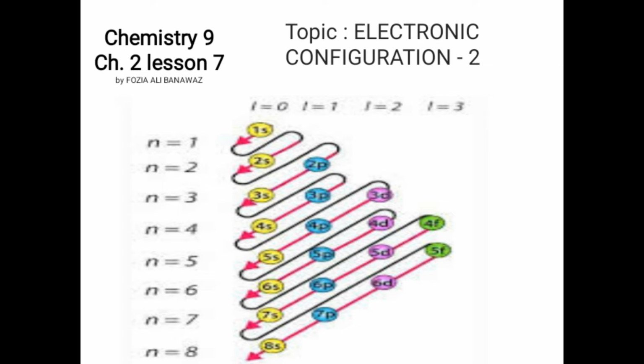Class, this is the second lecture of electronic configuration. In lesson number 6, we learned the shells and the maximum number of electrons that can be accommodated in those shells, and we also knew about the subshells S, P, D, F, which are the subdivisions of shells.